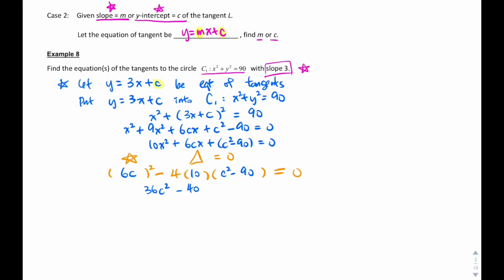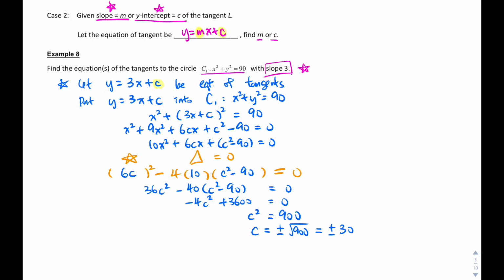And then you try to simplify, and you can find c squared equals 900. That means c is equal to positive or negative square root 900, which is plus or minus 30.